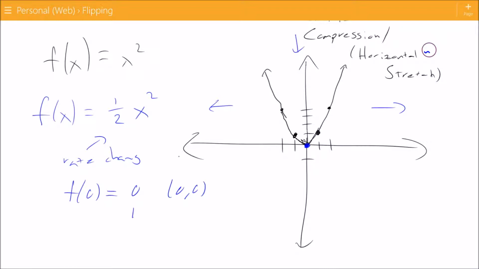If I plug in 1, then I still get, of course, 1 is my x. But then I'm going to get 1/2 or 0.5 for my y. So I'm going to be about right there. I'm going to be a little bit shorter on the y-axis than I would be with the original function. If I do 2, 2 squared is 4, but half of that gives me 2.